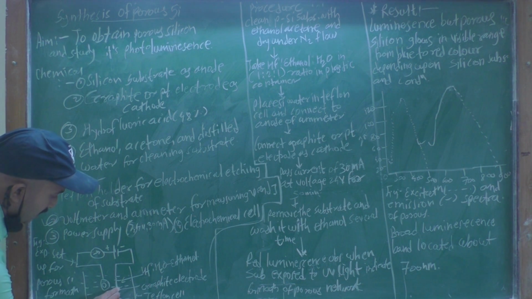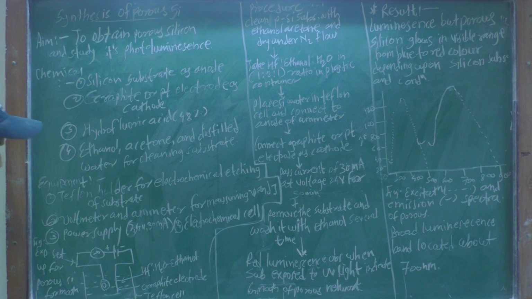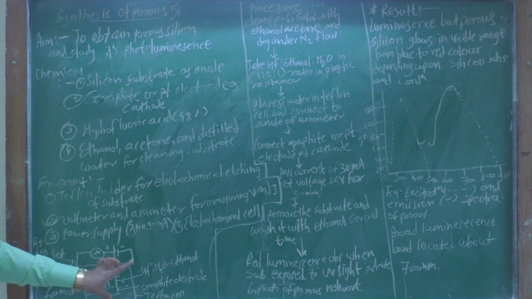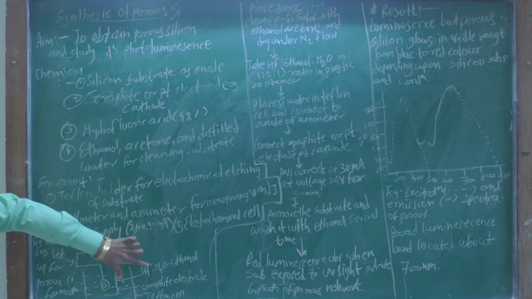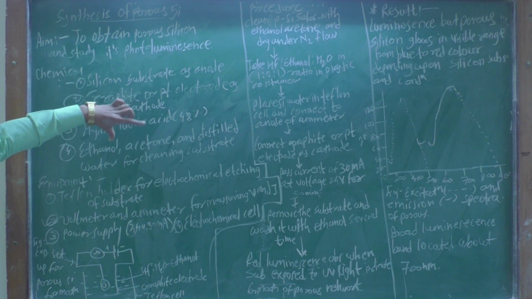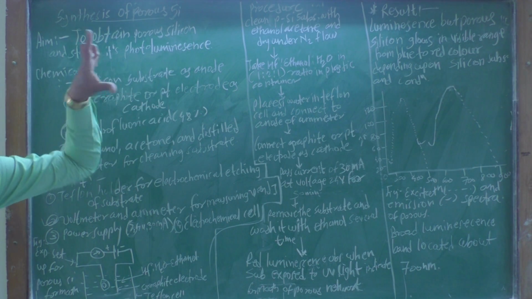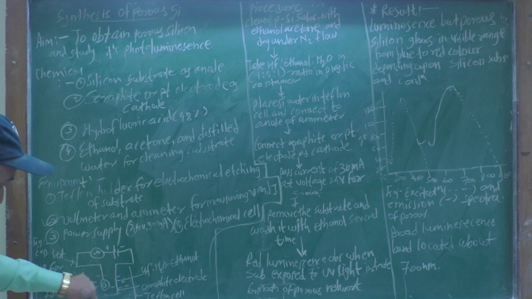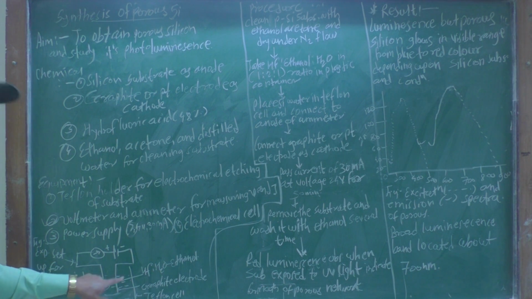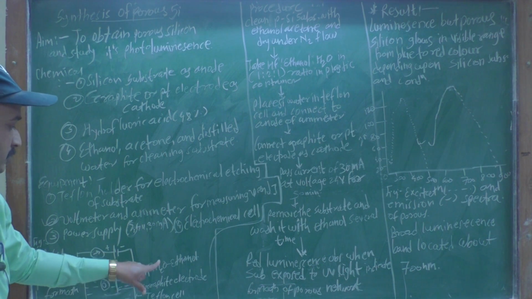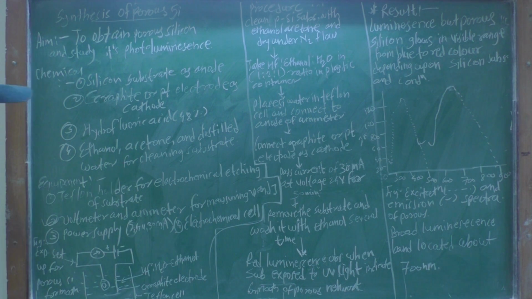This is the HF and ethanol mixture, the chemical liquid in the Teflon cell in which the substrate is cleaned. This is the experimental setup for porous silicon formation.